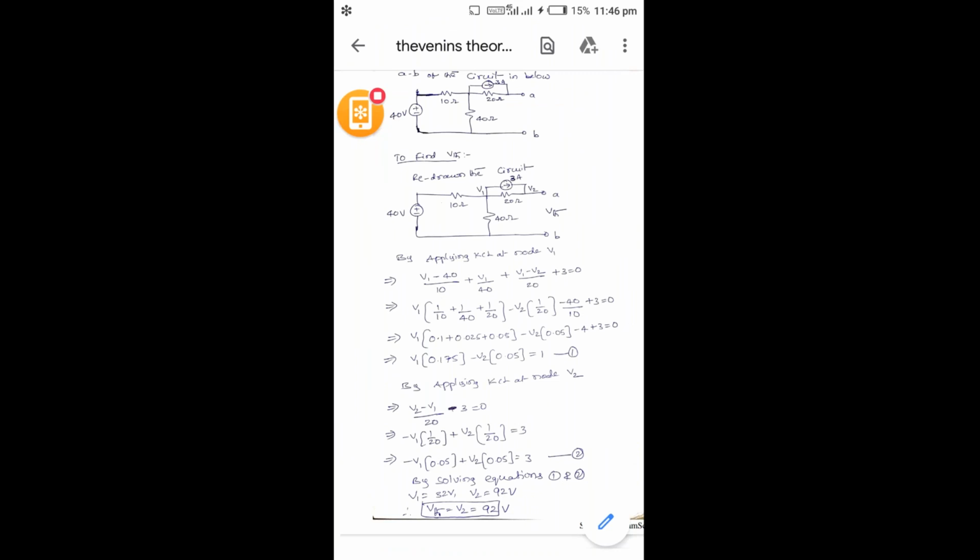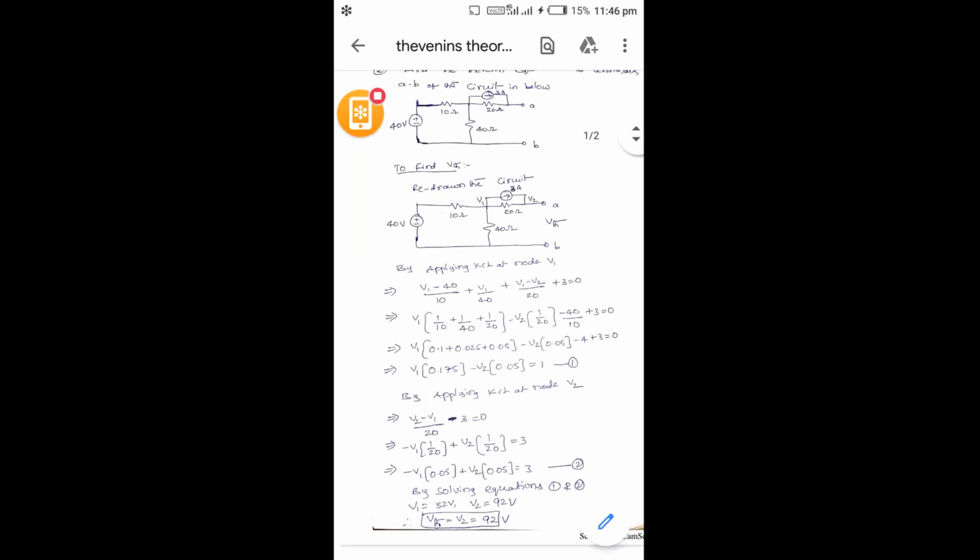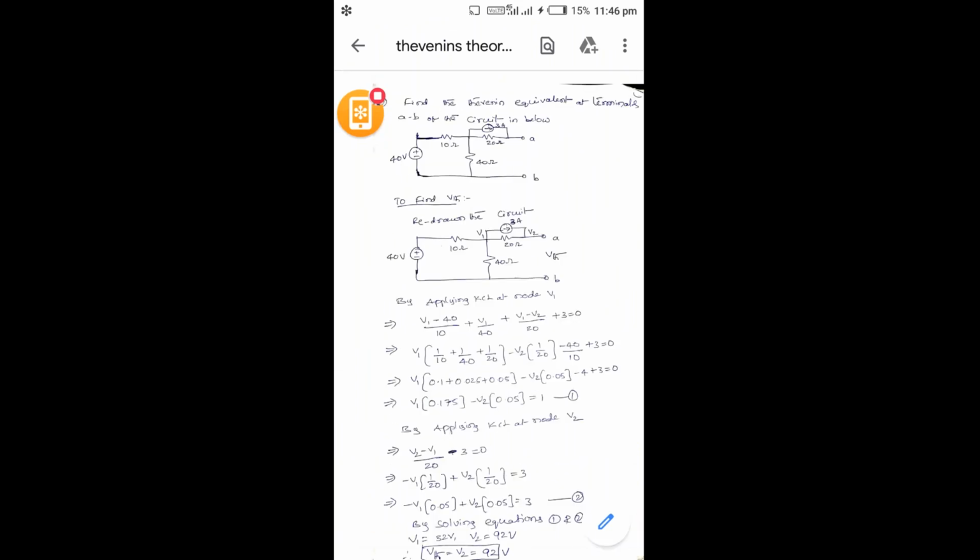Next, to find RTH. According to Thevenin's theorem, to find RTH the independent sources are turned off.